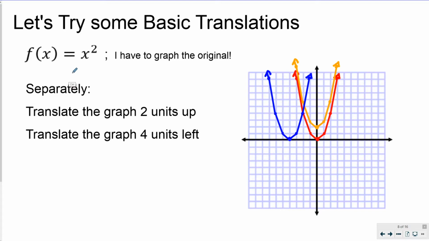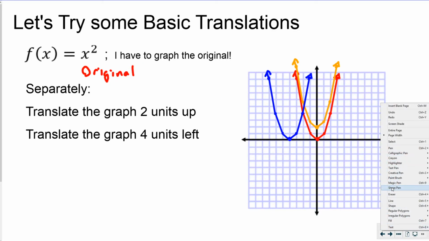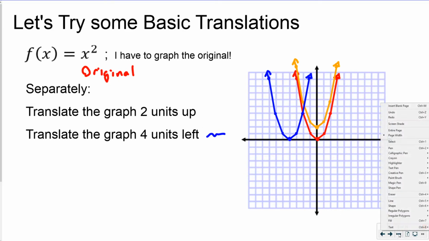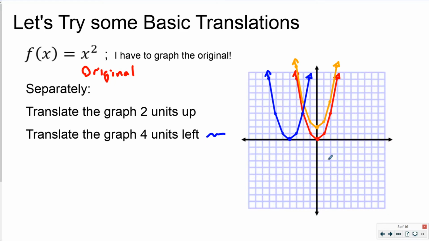I'm going to write that over here. This was the original, so it's in red. The blue one is, I'm going to change my pen color here, the blue one is this. It is the 4 units left, and the orange one is the 2 units up.